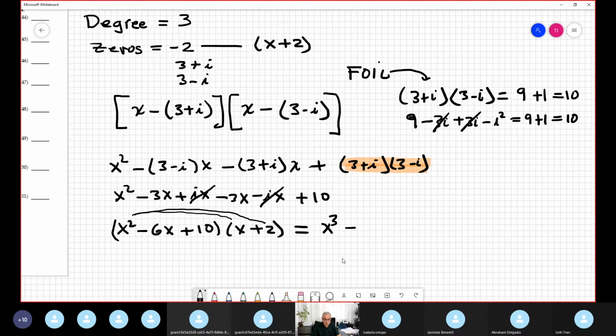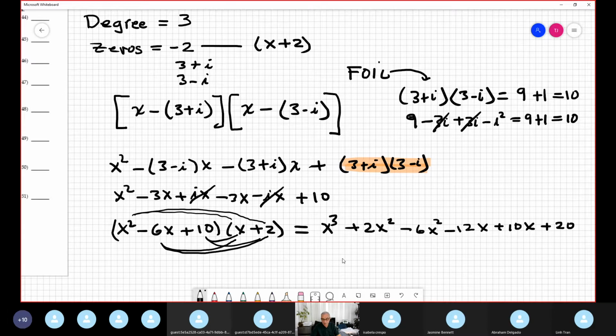This is plus 2x squared. And you take now this and multiplication, this is minus 6x squared again. And this. Okay, so minus 12x. Finally, plus 10x plus 20.